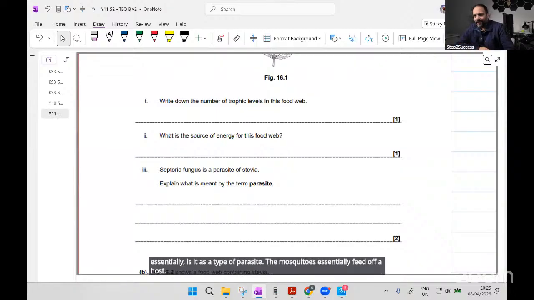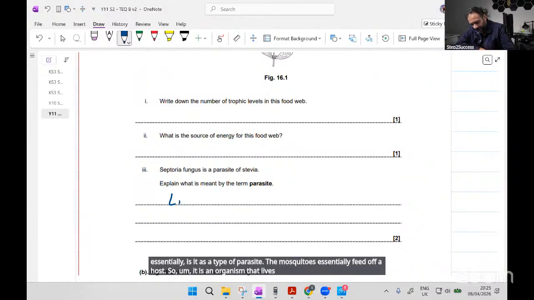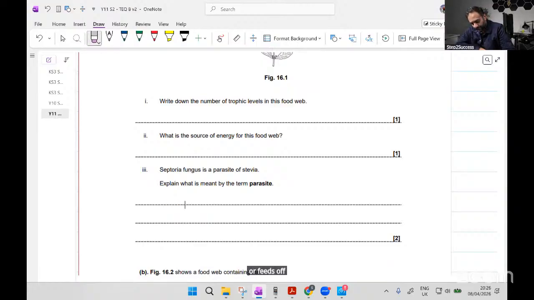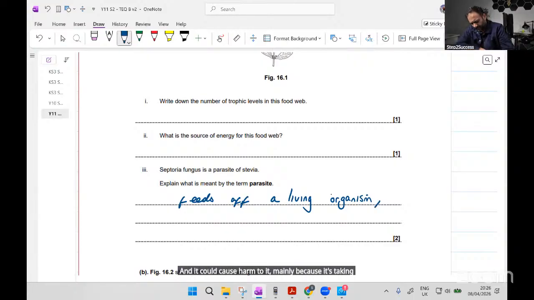So it is an organism that lives on a host organism or feeds off a living organism, and it can cause harm to it, mainly because it's taking its food in some way.